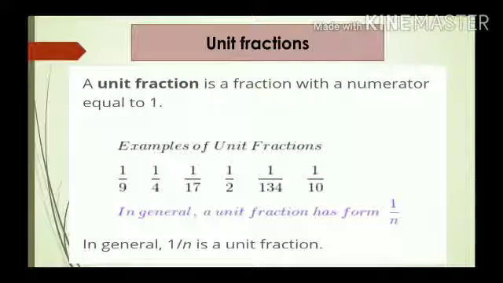Here you can see all the fractions have 1 as the numerator. That's why it is called a unit fraction. In general, a unit fraction has the form 1 upon n, where n is a natural number. You can write any natural number like 1, 2, 3, 4, and so on in place of n.